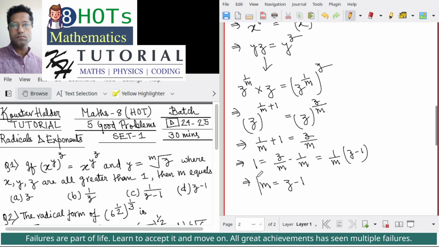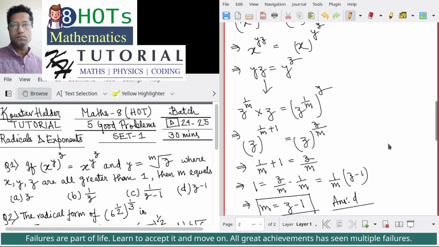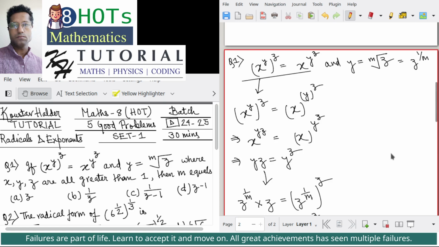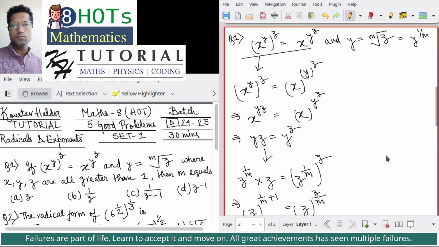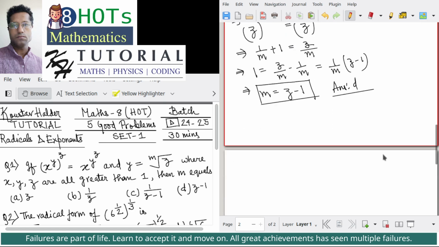So m is equal to z minus 1, and hence the correct choice is D. D is the correct choice. So all these problems are based on the concepts of radical form and exponential form.